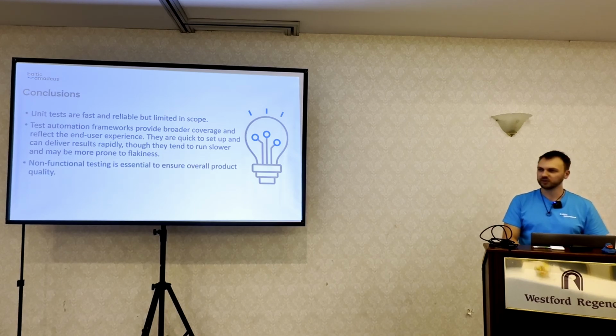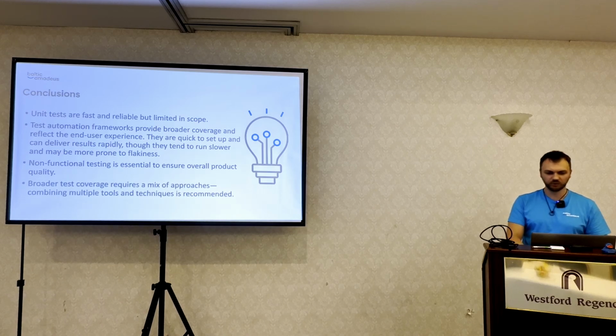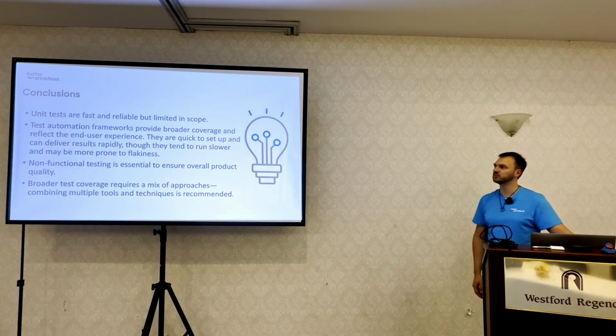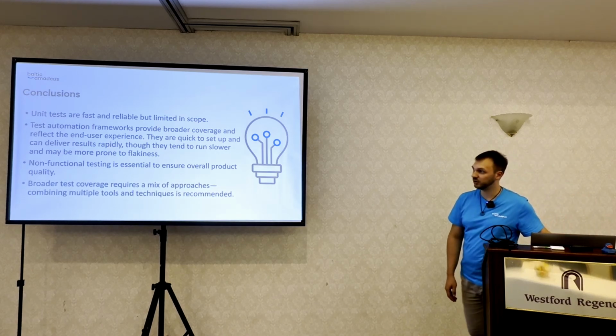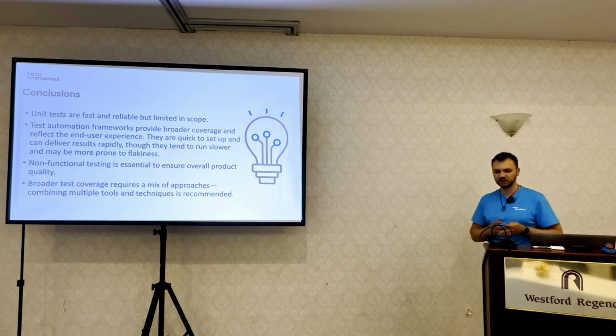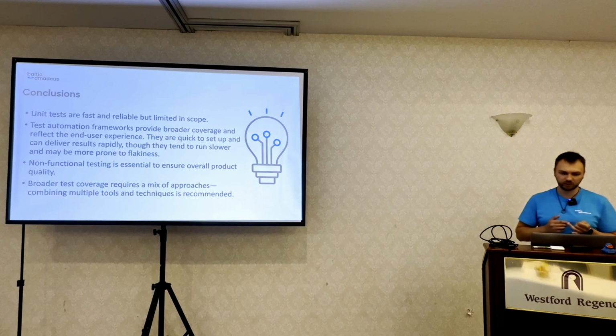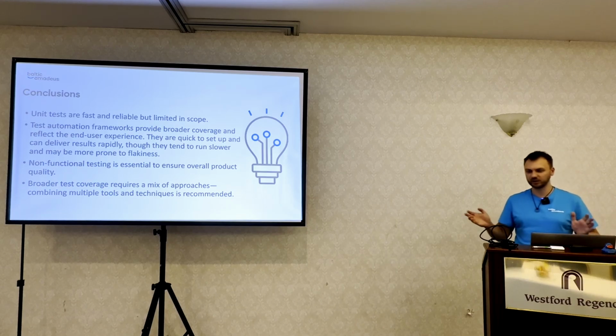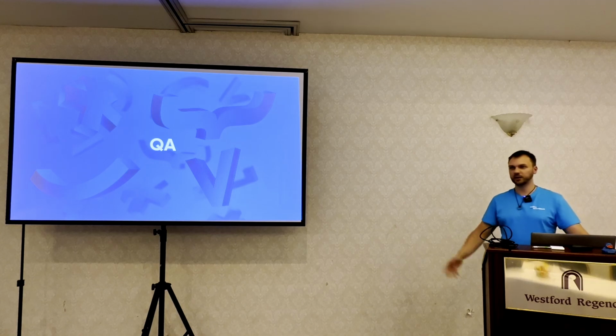Today's emphasis was on functional testing, but non-functional aspects are important as well. If you want broader coverage of the whole system, you have to use different approaches. You have to use unit testing, API, web UI, everything you can do to have the whole coverage. Any questions?